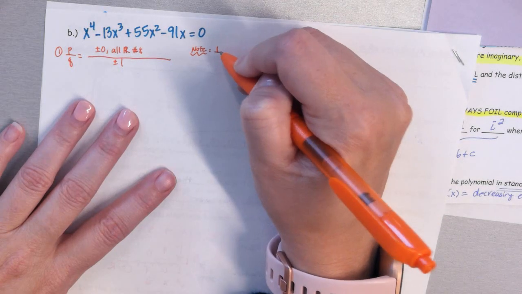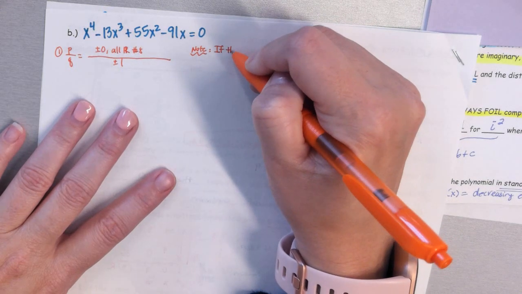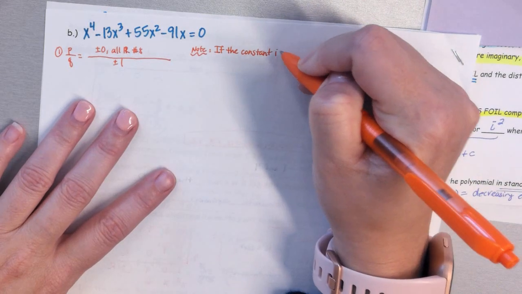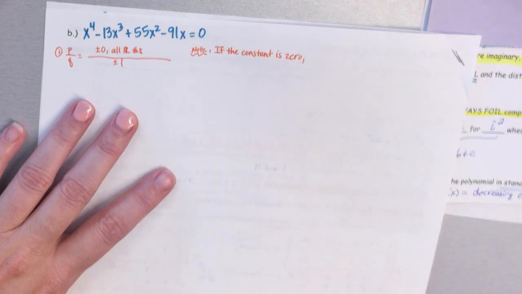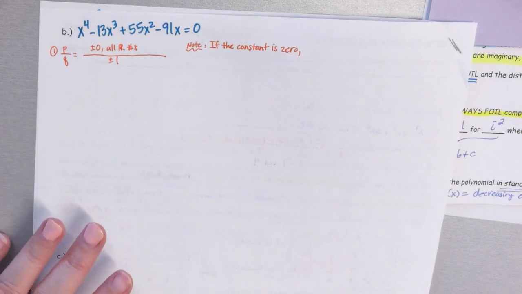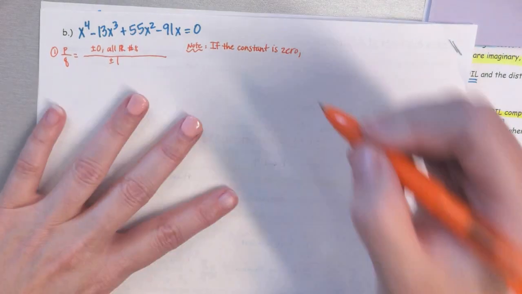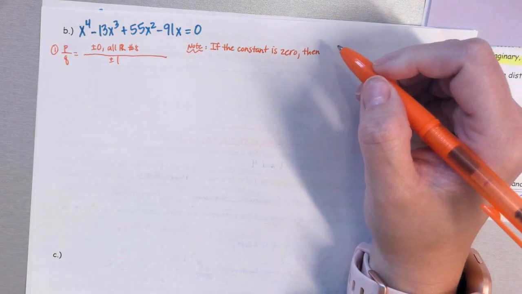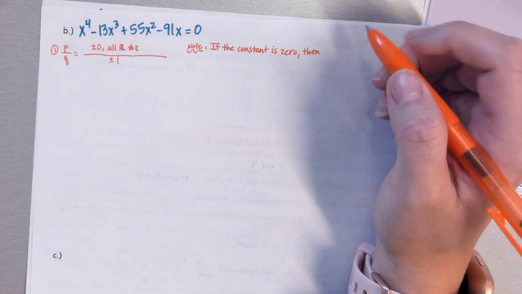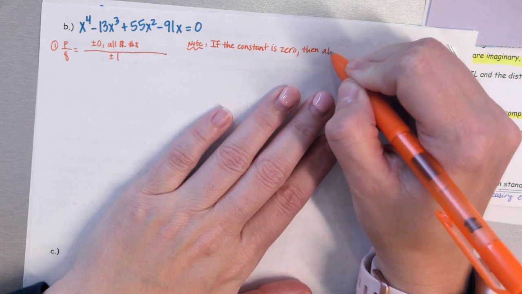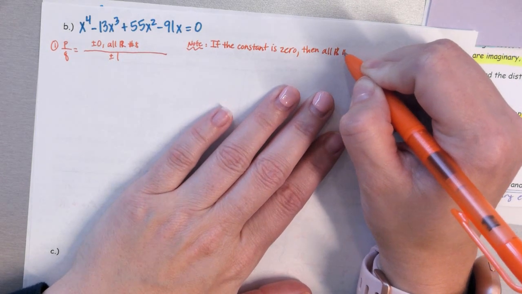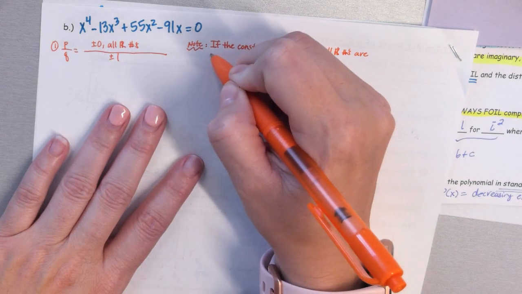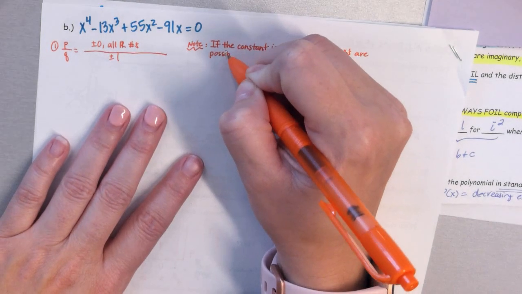If the constant is 0, and all real numbers are possible zeros.